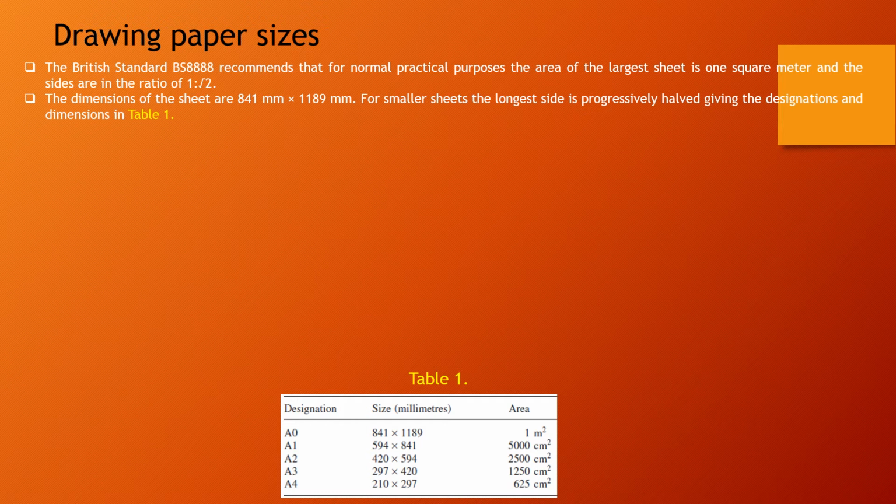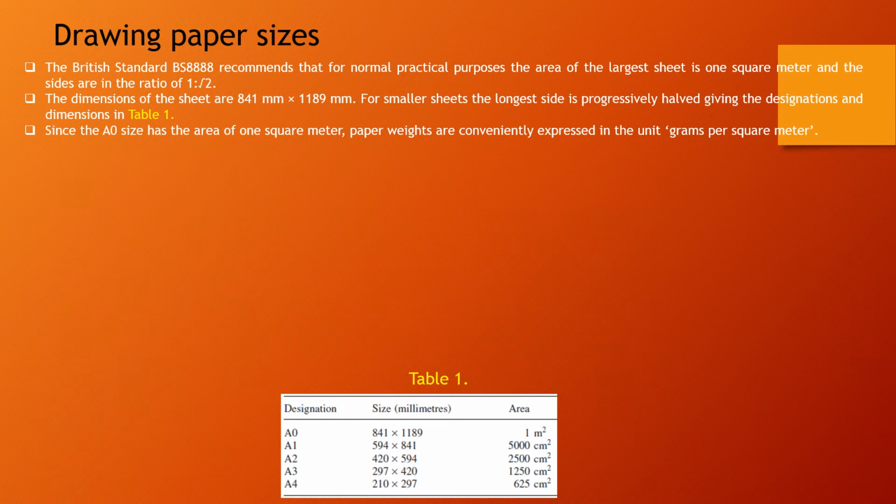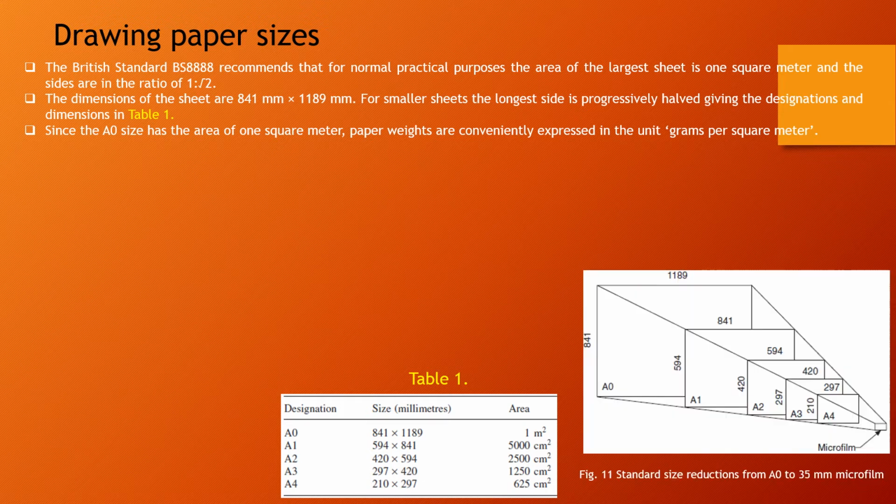For the smaller sheets, the longer side is progressively halved, given the designation and the dimensions in table 1. Since the A0 size has the area of 1 square meter, paper weights are conveniently expressed in the unit grams per square meter. You can see it in figure 11, the standard size reduction from A0 to 35 millimeter microfilm.